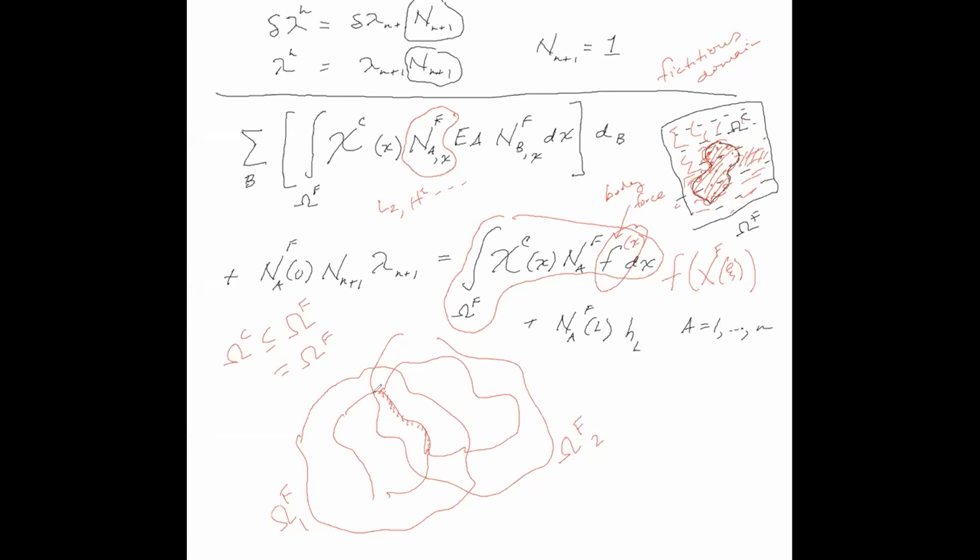You can also just do it the traditional way. If you have a domain with two materials, maybe your flex domain comes in and then matches and then goes out, comes in, matches, and then you just use traditional techniques where you introduce a discontinuity in the basis in the flex domain along here. That's another way to do it.